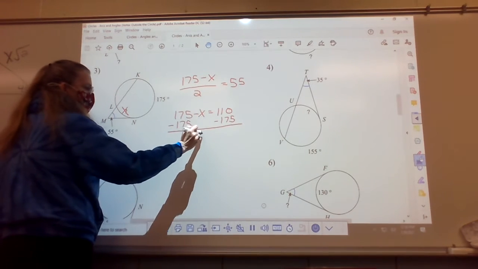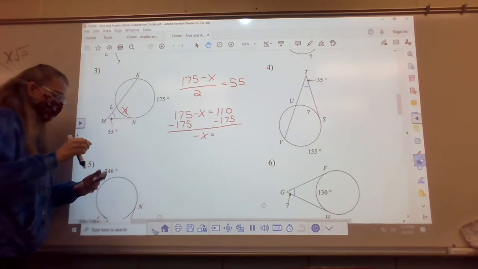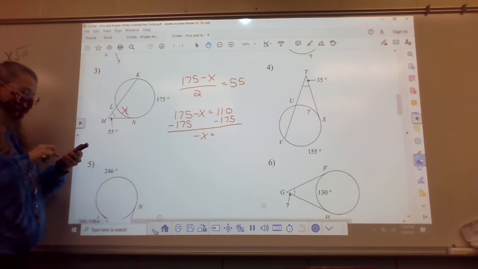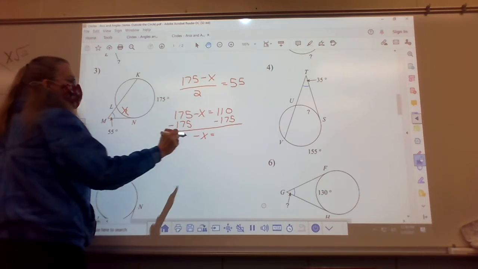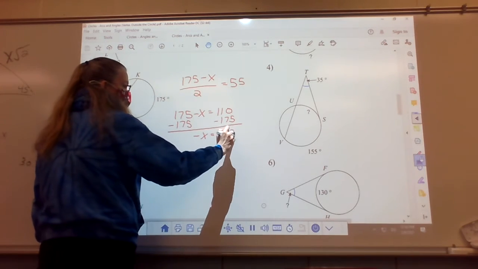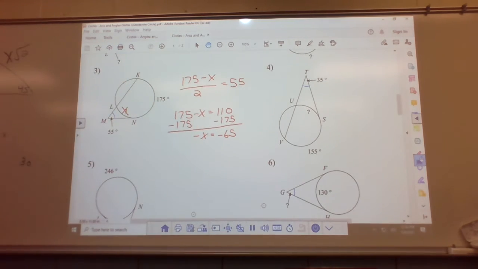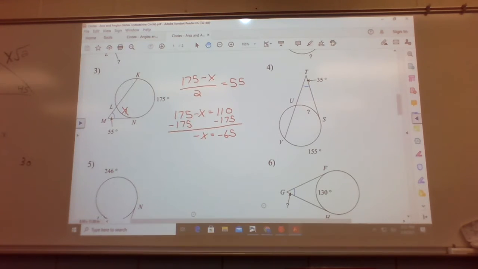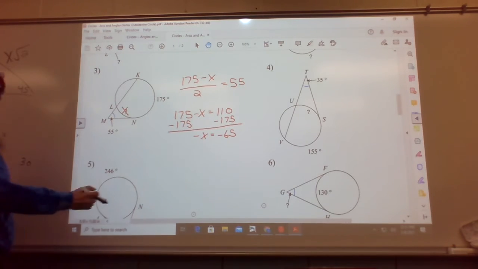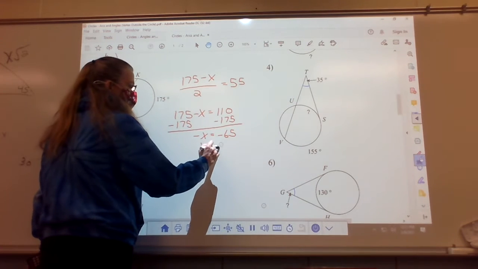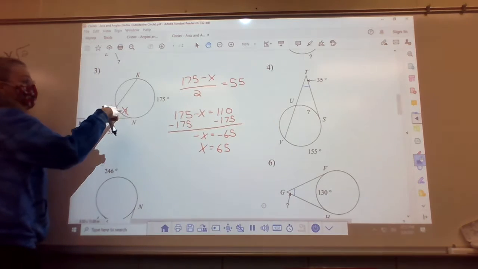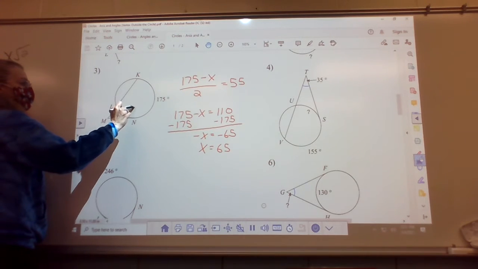Minus x is still there. 110 minus 175 gives me negative 65. So just be really careful with those signs. Well, if negative x is negative 65, then positive x is positive 65. So x equals 65. Therefore, this little arc here was 65 degrees.